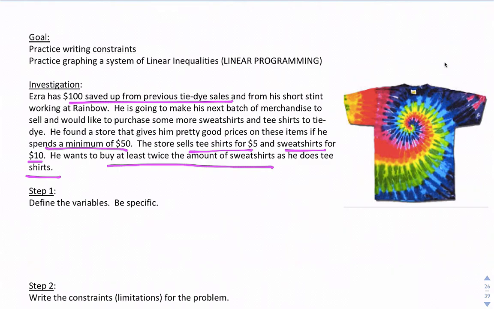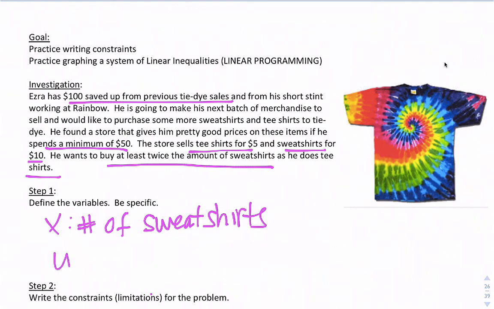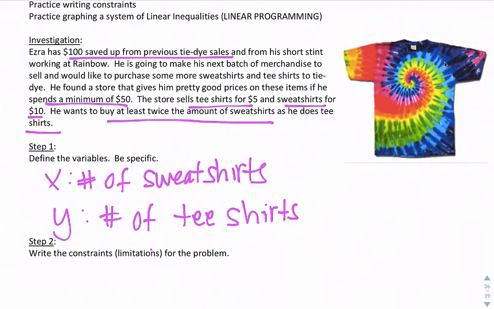All right, so first step, define the variable. I'm just going to call x the number of sweatshirts, and I'll call y the number of t-shirts. All right, I'll write the constraints for the problem.